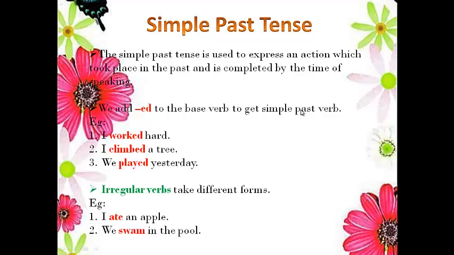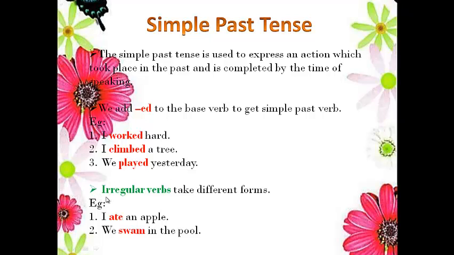If we want to get simple past verb, we have to add ed to the base verb. See some examples. I worked hard. Here the base verb is work, W-O-R-K. So ed is added here. I worked hard. Now the sentence is in simple past tense. I climbed a tree. We played yesterday.